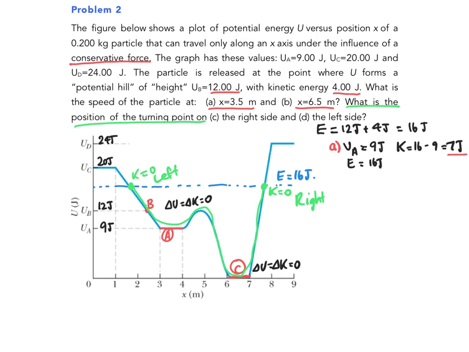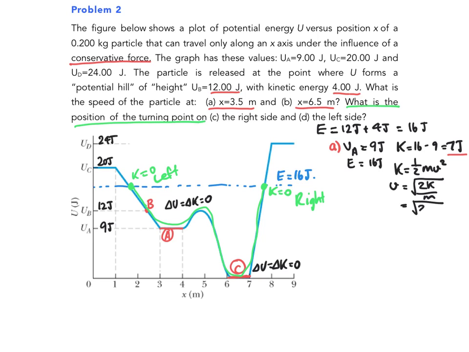Okay, so then it's pretty trivial. Then we can say kinetic energy equals half mv squared. So v equals the square root of 2K over m.